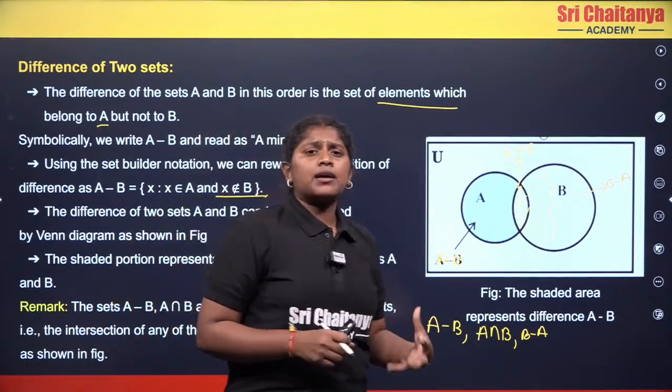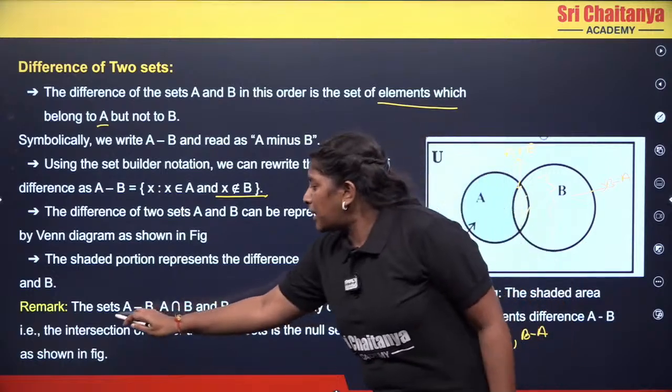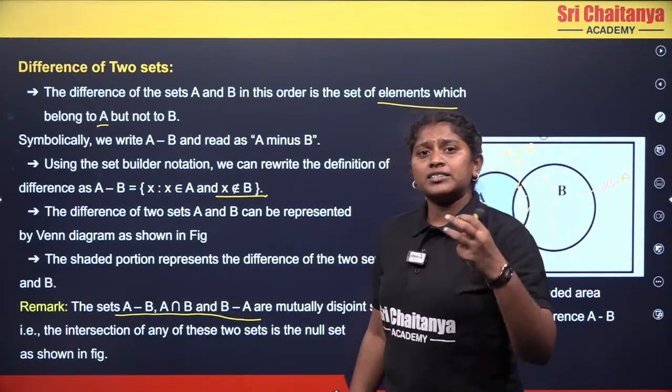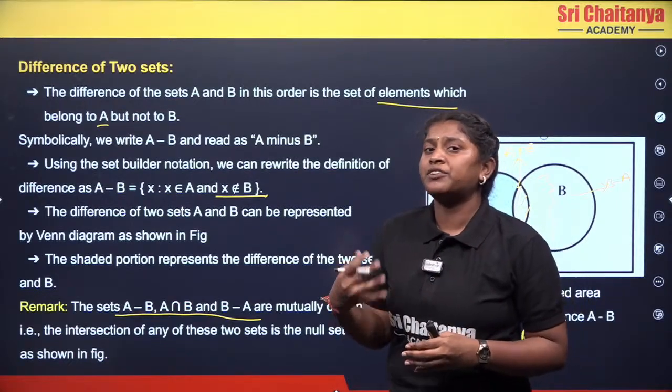Now if you take an example of any of the two sets and if you find these three, like A minus B, A intersection B and B minus A, you can find these three are the disjoint sets. It means they are not having any common elements between them.